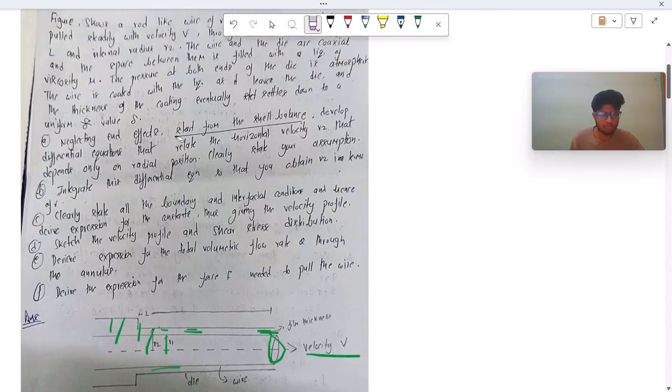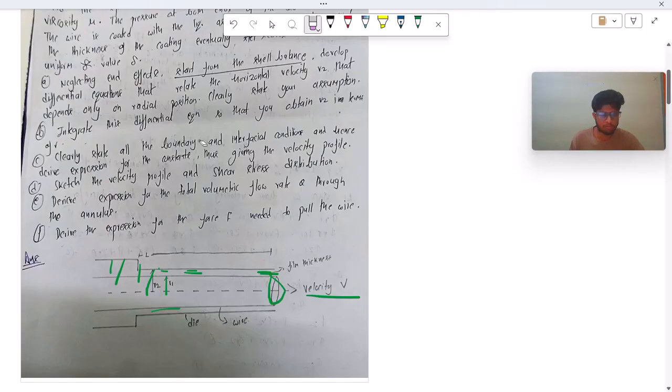So in this problem, they say that neglecting all the end effects, start from the shell balance and develop a differential equation that relates our velocity Vz with our velocity profile.